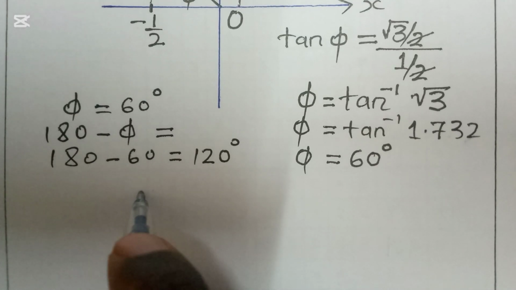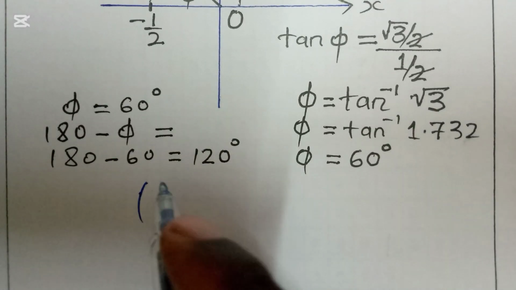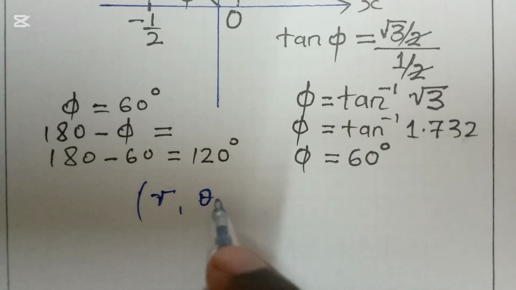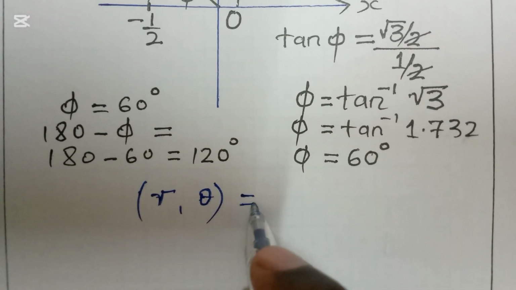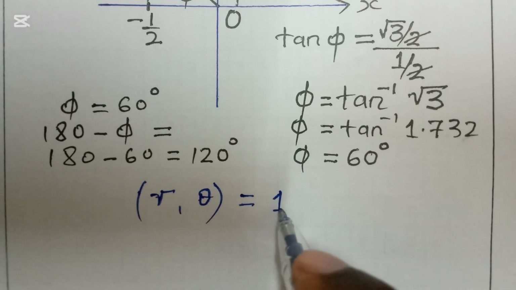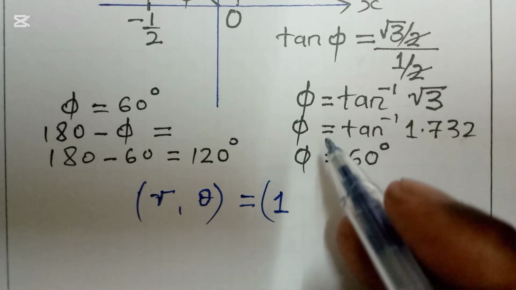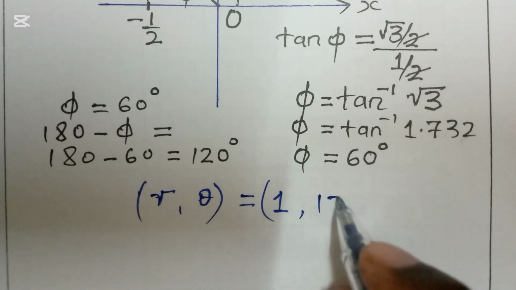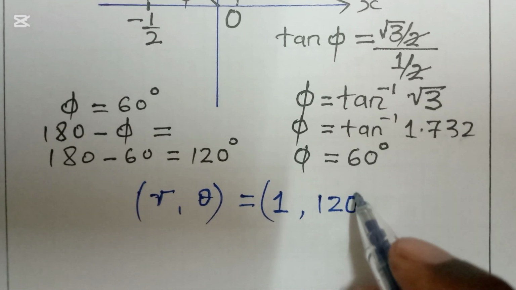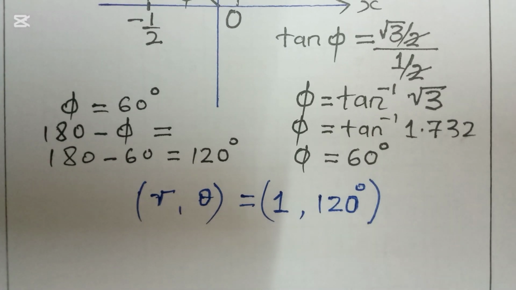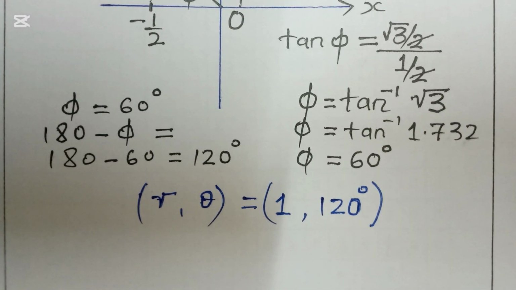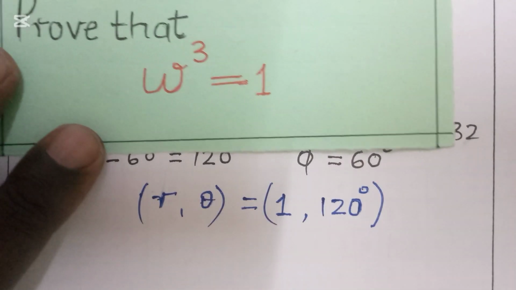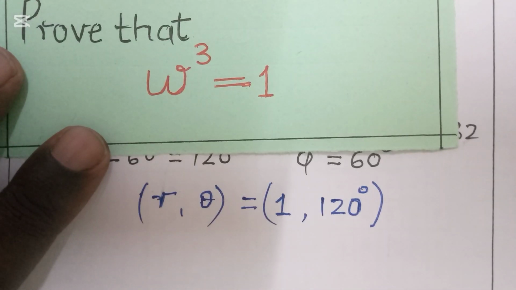So writing here guys, in the polar form, we shall have r, theta like that, which now equals 1, and theta is given by 120 degrees. Guys, the question here is, as we can see, we are told to prove that w cubed is equal to 1.